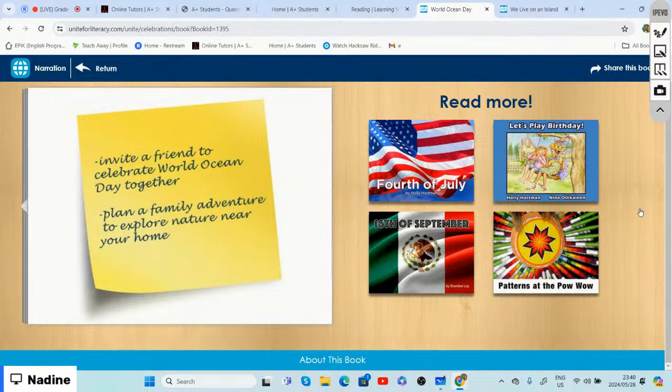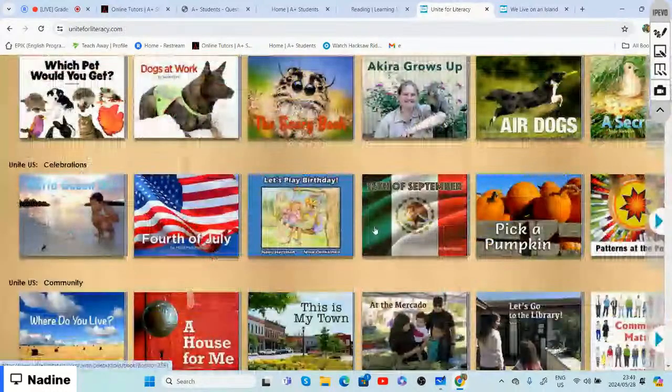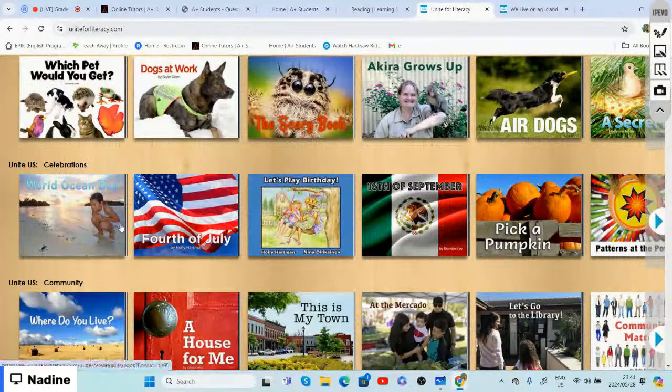All right. So that is our first story about World Ocean Day, right? And it spoke about basically the benefits, the good things about the ocean. They gave us perks about the ocean and also what the ocean is used for, right?